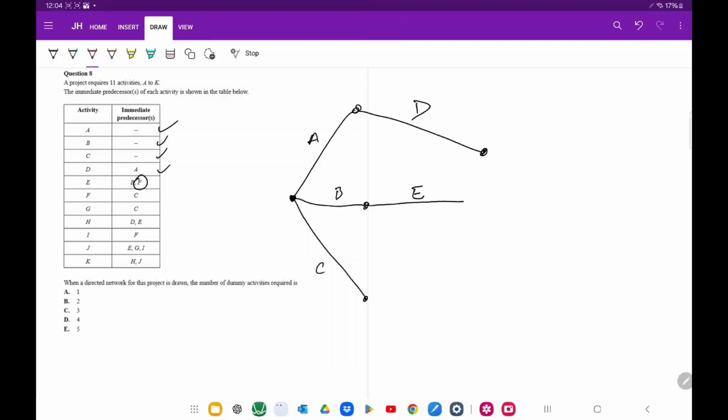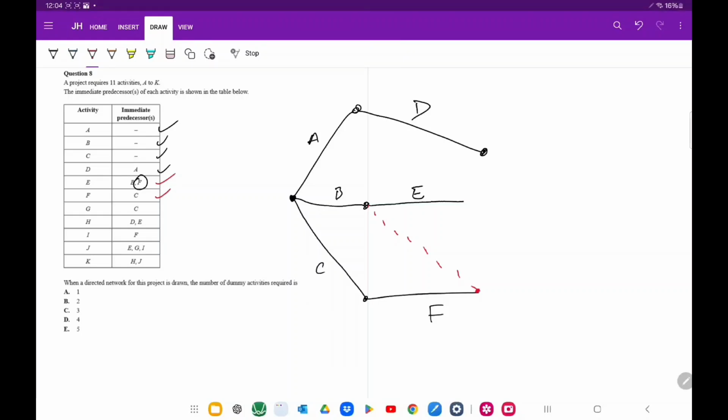But F in this case is a predecessor of C. But since there's no connection between the two, F goes there, and therefore there'll need to be a connection that goes from here to here in order for E to satisfy that immediate predecessor condition. So we've done the F.